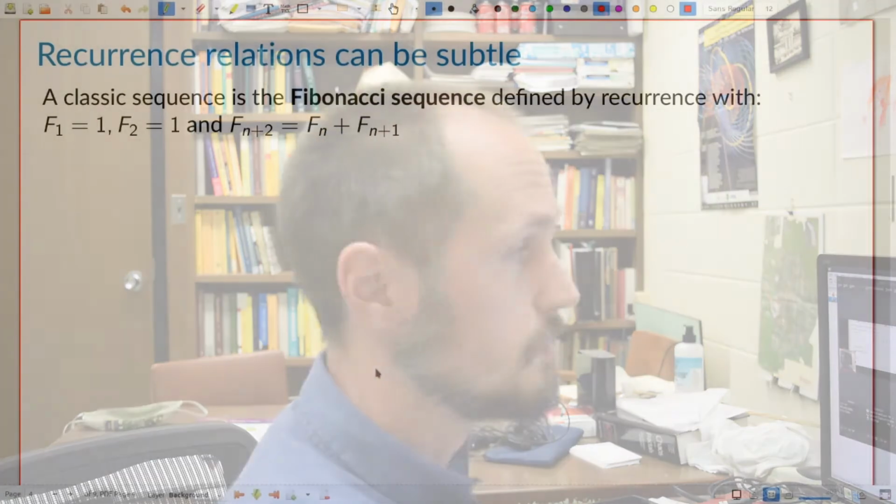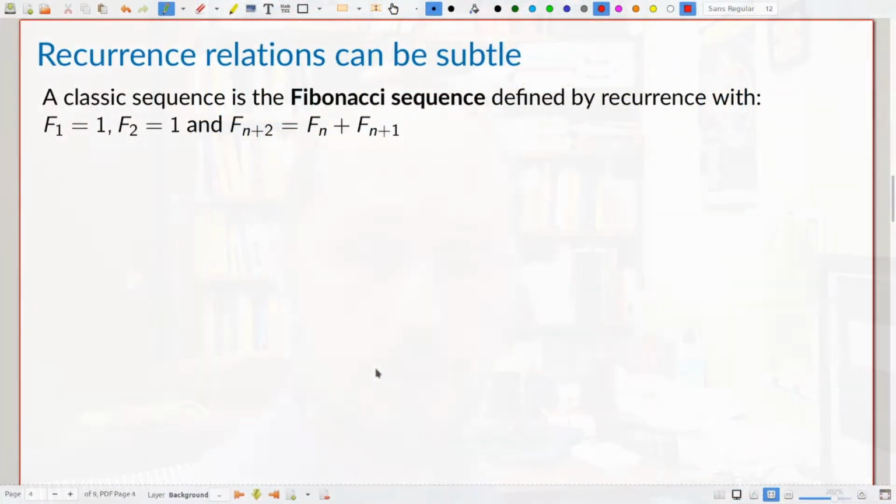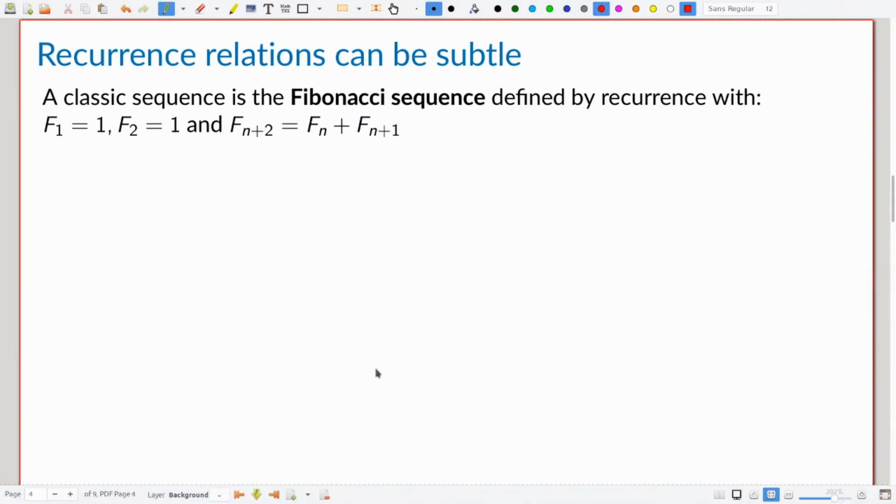Okay, there are many classic sequences that we can define. So let's take a look at a very traditional sequence defined by recurrence. This is something called the Fibonacci sequence. Here, each term in the list depends on its 2 preceding terms. So this is a recurrence relation where the first 2 terms are, well, we start at n equals 1 in this example.